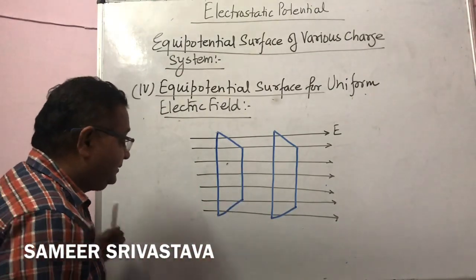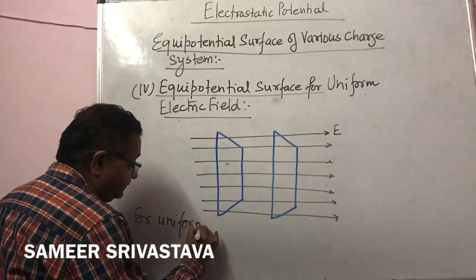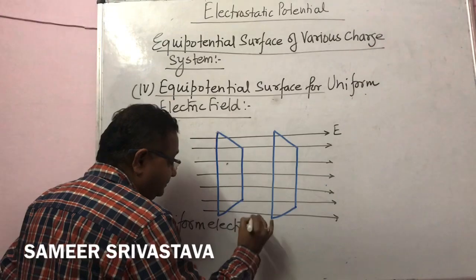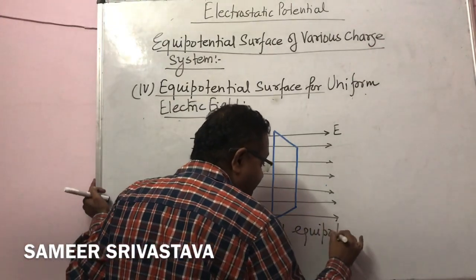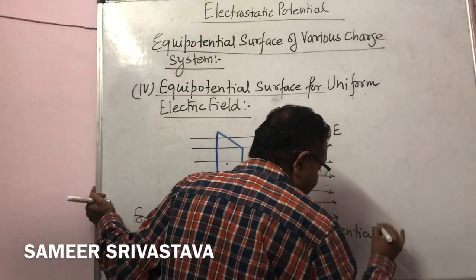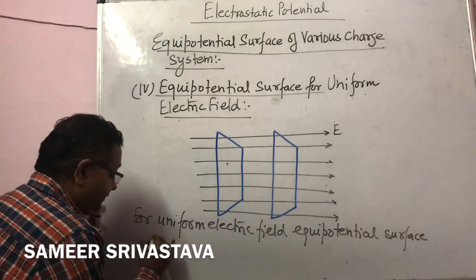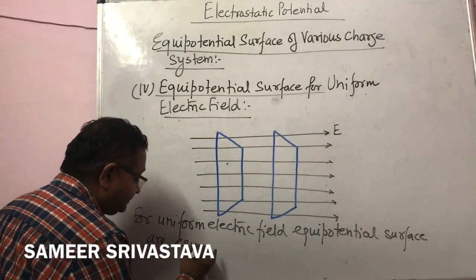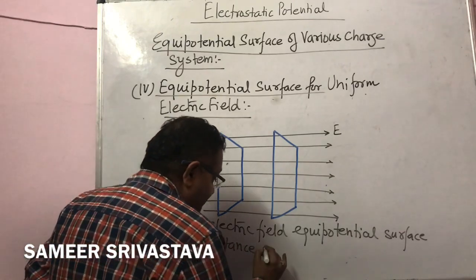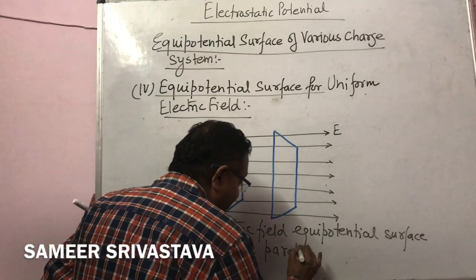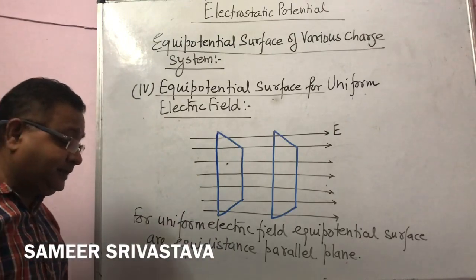So for a uniform electric field, equipotential surfaces are equidistant parallel planes.